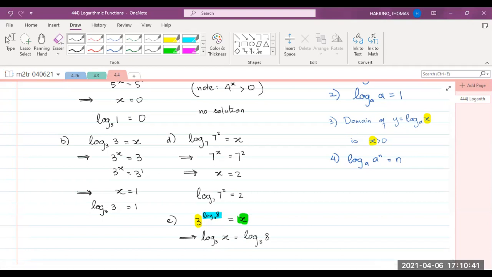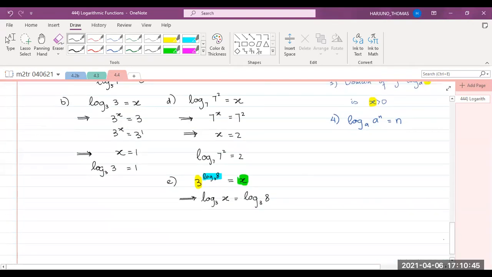Now, since the exponential function is 1-to-1, then you will see the log function is also 1-to-1. Therefore, log blah equals log bleh means blah equals bleh. In other words, 3 to the log base 3 of 8 is equal to 8.